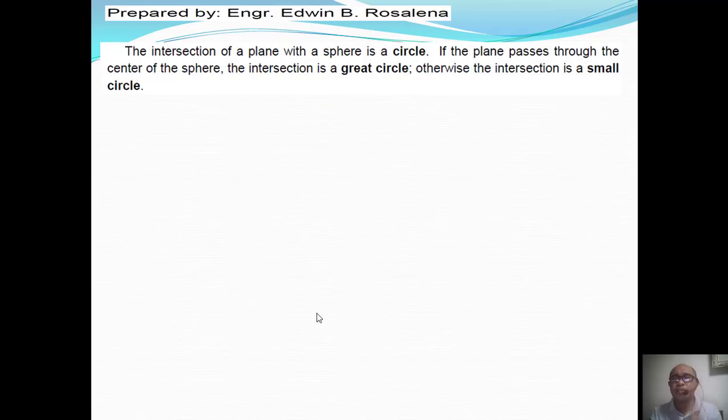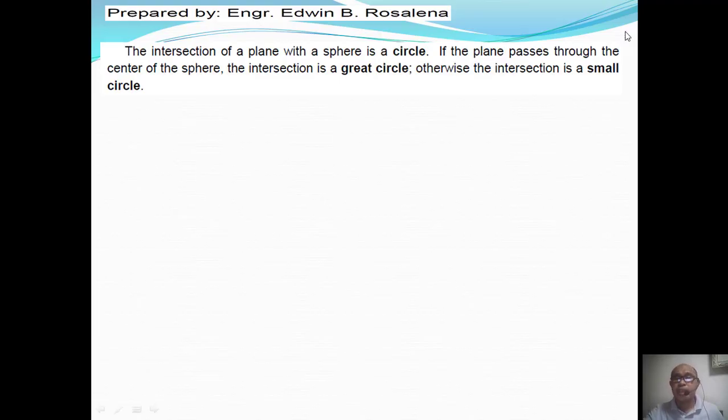We have now the solids cut from a sphere. Let us see what those solids are. The intersection of a plane with a sphere is a circle. If we pass a plane through a sphere, in between the sphere and the plane you have a registered geometric figure, and that is a circle.